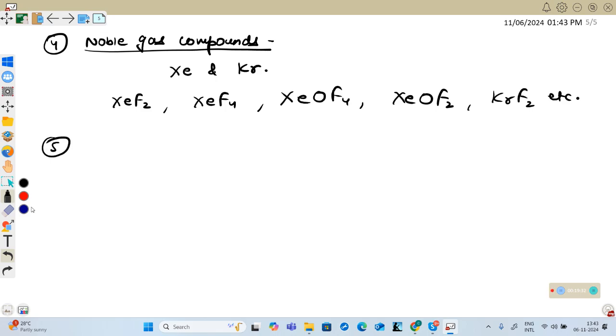Fifth, there are other drawbacks. This octet theory cannot explain the shape of the molecule.